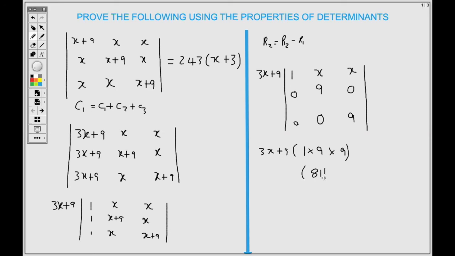Then the 3x plus 9, we factor out what's common, which is 3. So we're left with x plus 3. And multiply 3 times 81, and that will give us 243 times x plus 3. And that's it. We have proven.